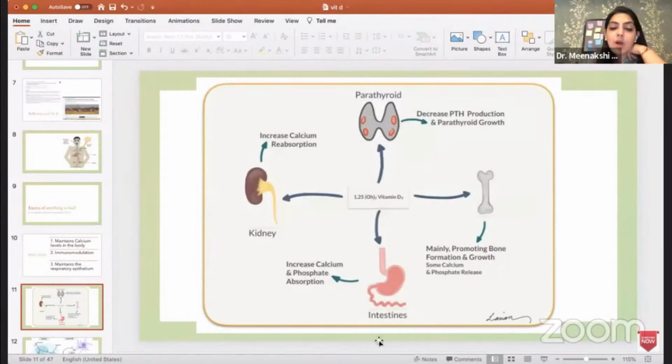So moving on, this is the mechanism of how the calcium and the vitamin D levels are maintained in the body. So, when there is vitamin D in the body, then there is more calcium reabsorption, so it increases. जब ये ज्यादा होता है तो vitamin D जो है ये calcium हमारी body में वापस खींच लेता है. किडनी में अगर कोई calcium चला जाता है by means of the waste products, तो वो कैल्शियम हमारी बॉडी में वापस खींच लेता है. सिमिलरली पेट से भी कैल्शियम को खींचने के लिए इंस्ट्रक्शन देते हैं विटामिन डी, and it promotes bone formation and growth.